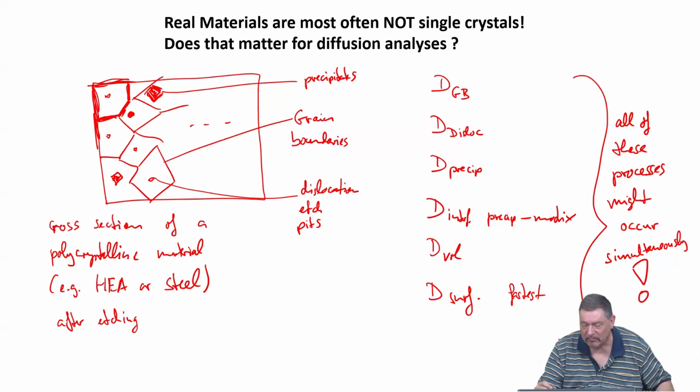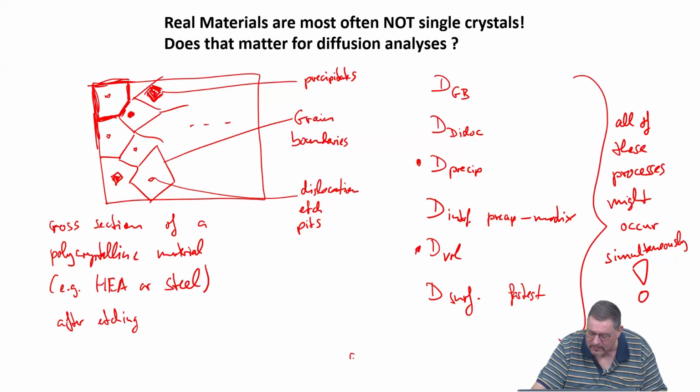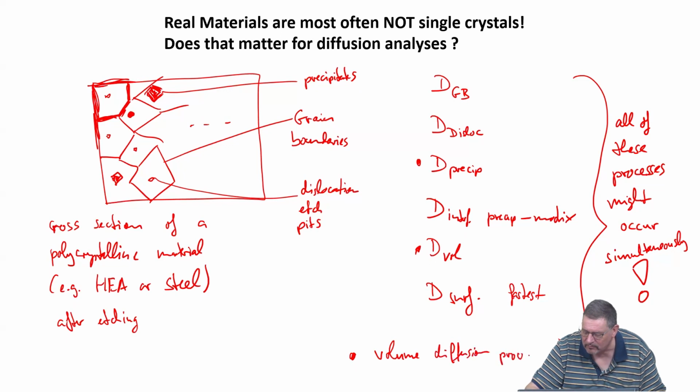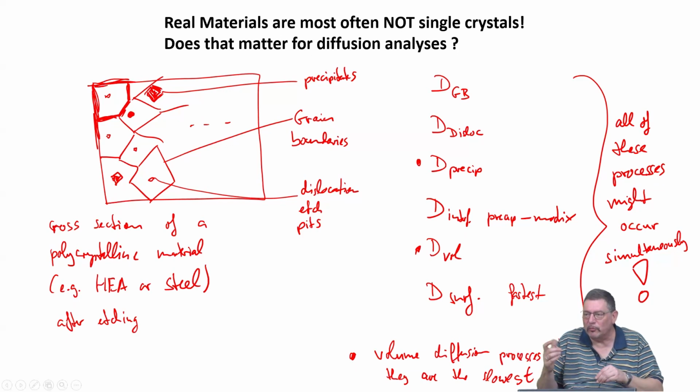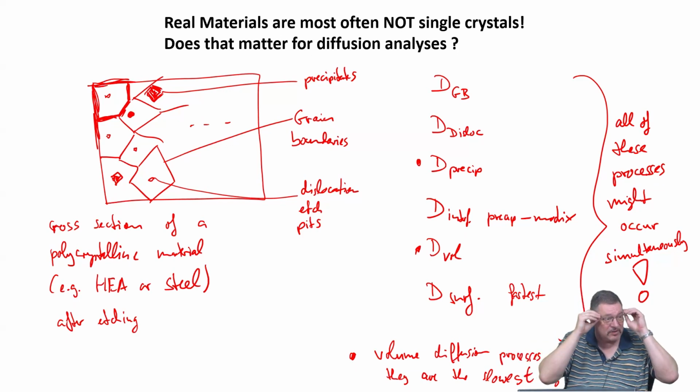So these are volume diffusion processes. Yeah, and which one of the two would be slower? This is something which depends on the situation.